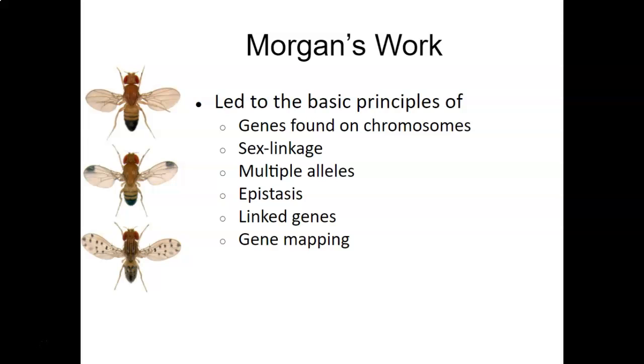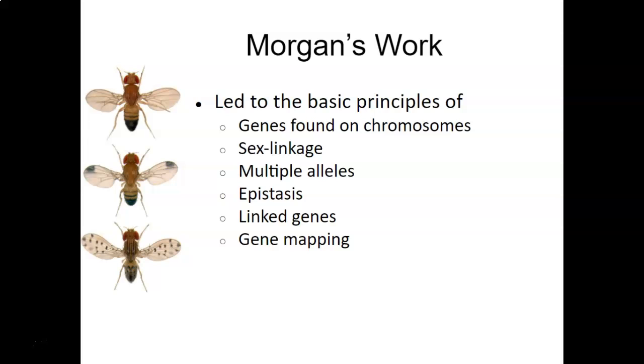Epistasis is the idea that you have multiple genes, but some genes can only be, quote unquote, turned on, or seen, if the first gene is there. This happens a lot in fur color with animals. So let's say there's two genes, one for brown or black fur, and the second one is for stripes.